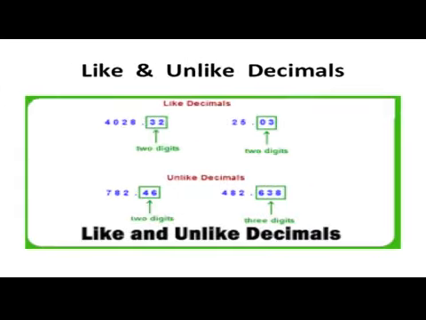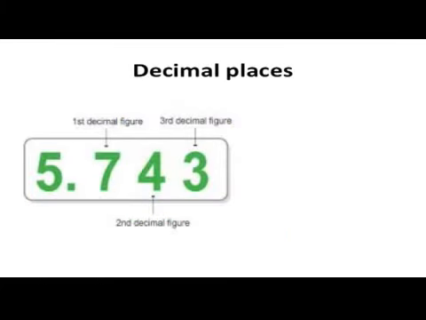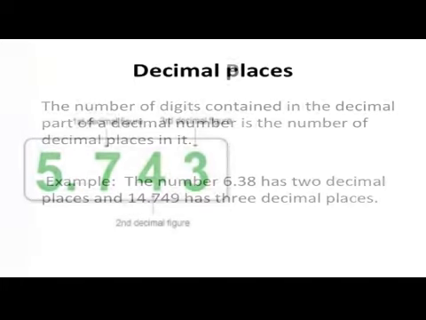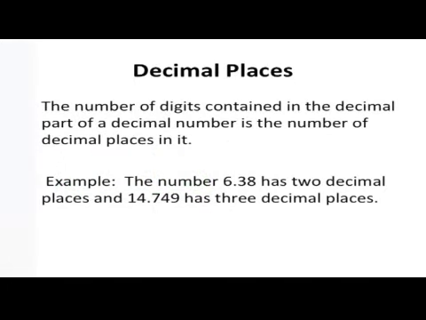Now coming to like and unlike decimals. Decimal places: the number of digits contained in the decimal part of a decimal number is the number of decimal places in it. Example, the number 6.38 has 2 decimal places and 14.749 has 3 decimal places.